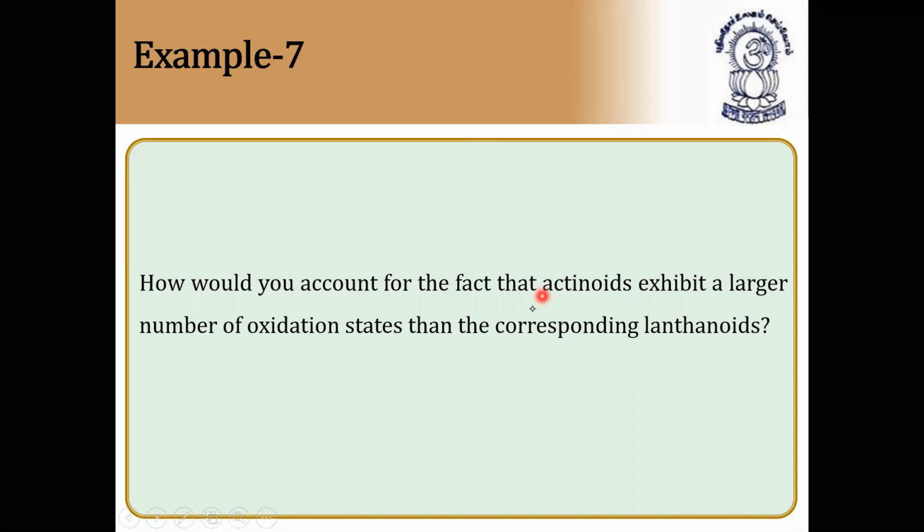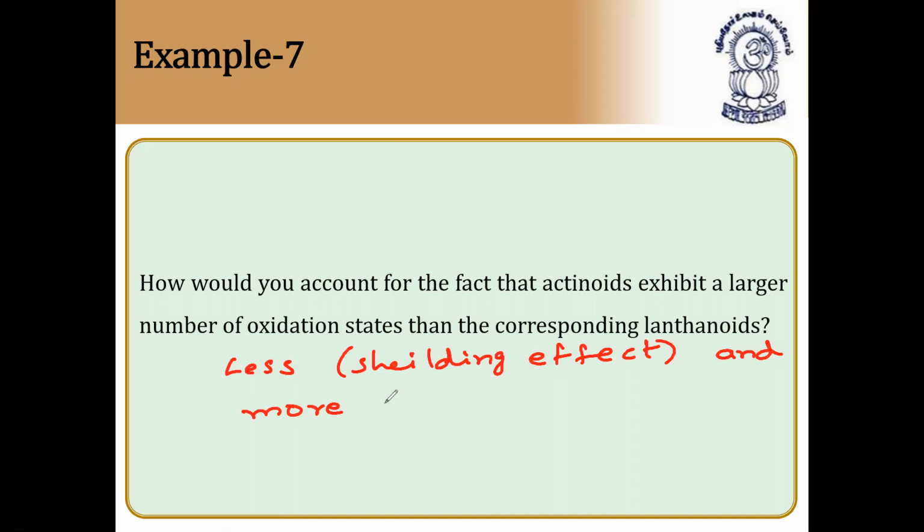How would you account for the fact that actinoids exhibit a larger number of oxidation states than corresponding lanthanides? Because of less shielding effect, and more atomic size and ionic size.